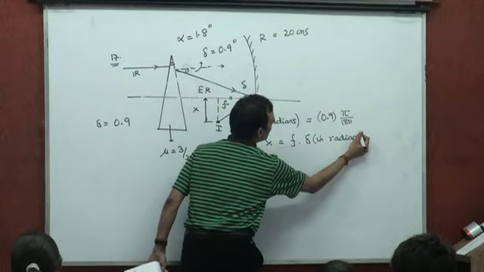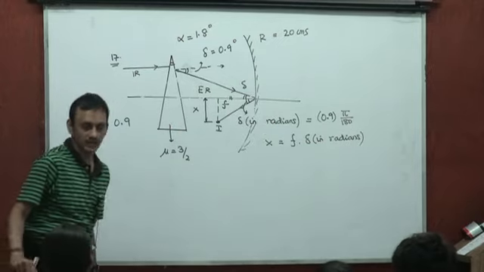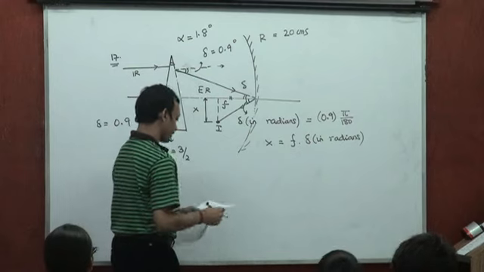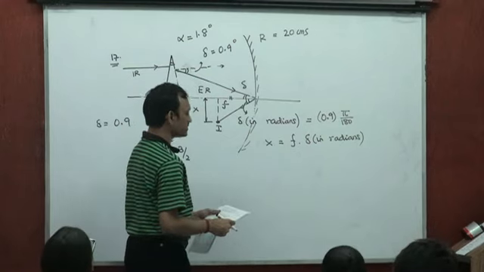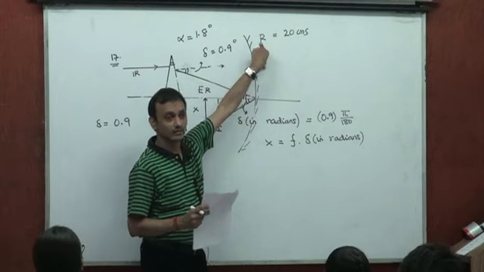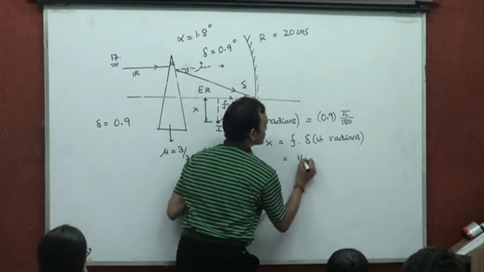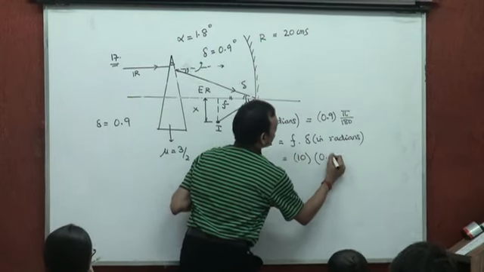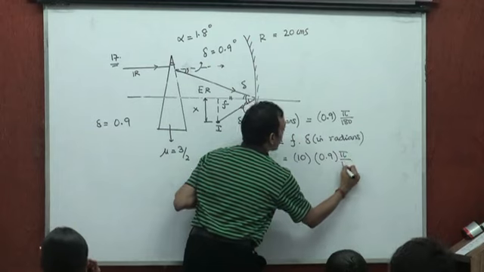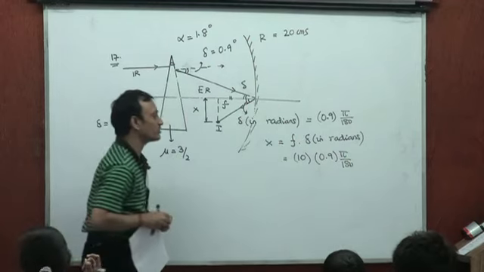Tan delta is delta only when delta is in radians. So f is 10 centimeters, half the radius of curvature. So this is 10 centimeters into 0.9 into pi by 180. Pi is 3.14.